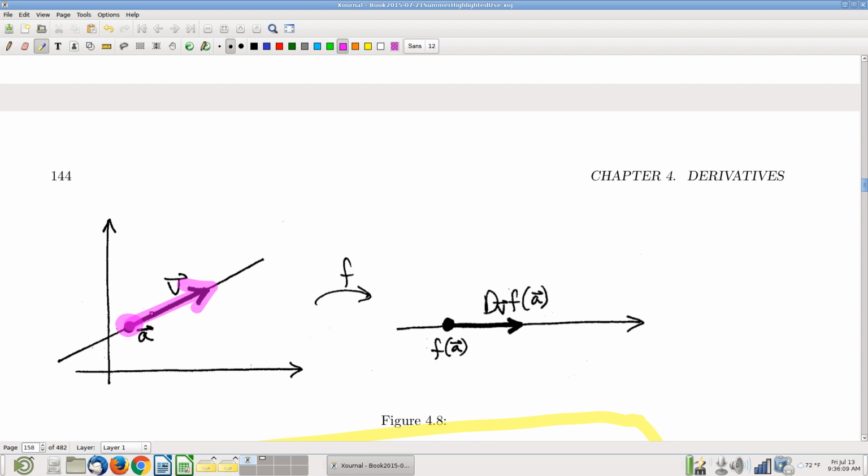If you're moving with some velocity, the directional derivative just says how fast the temperature is changing that you are experiencing as you're moving through this non-constant domain. The function has different values at different points in the domain. So it's the rate of change of whatever quantity you're interested in.